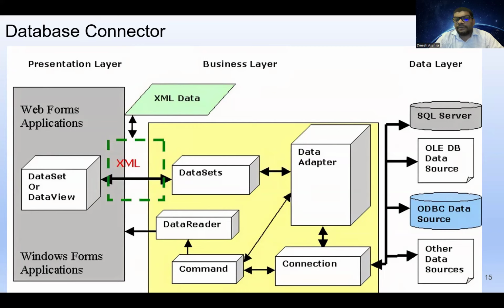In the relational database world, here I have listed a few: you have SQL Server, OLEDB sources, other data sources. Now, as a developer, it's a little difficult to manage different types of databases. But because of the data adapter, you send the select request or whatever, and the adapter converts that query so that it can be run through all of these databases. This is a classical example of the adapter design pattern.